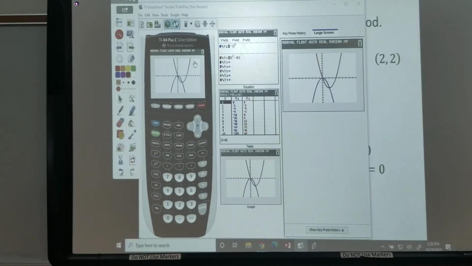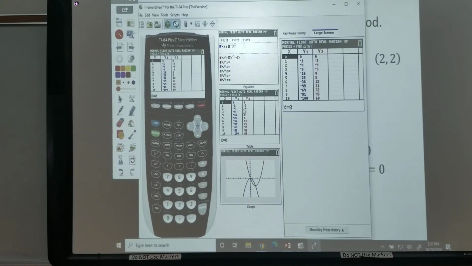But you can see in this graph, it's crossing in two spots. And it appears that they're crossing at the origin, which is 0, 0. And it appears that they're crossing over here at 2, negative 4. I could look that way. There's also a way to go to the table, which is above the graph button. So second table. The table is kind of showing over here anyway, but I'm making it a little bit bigger for you.